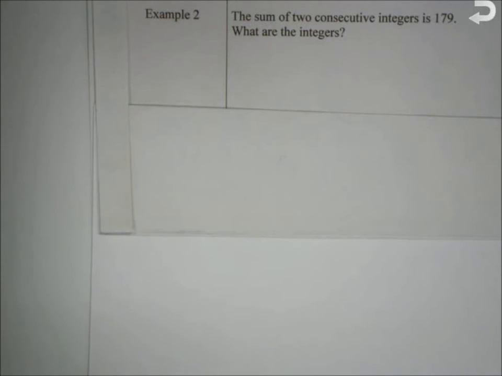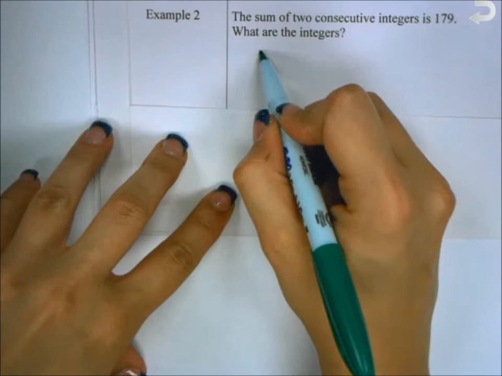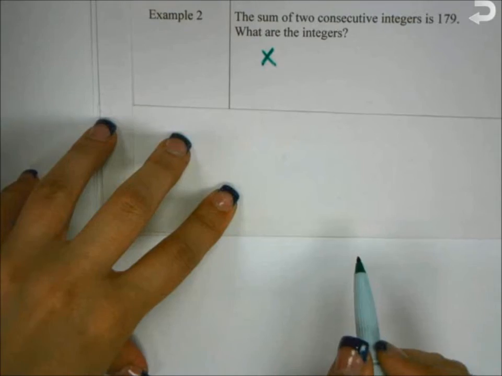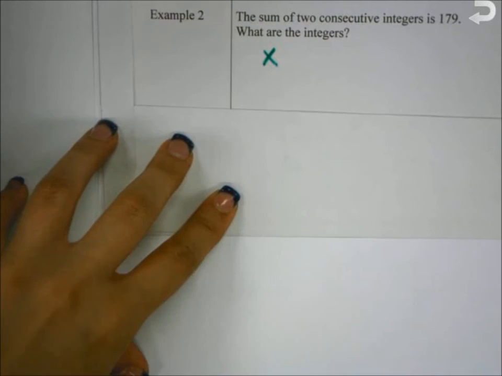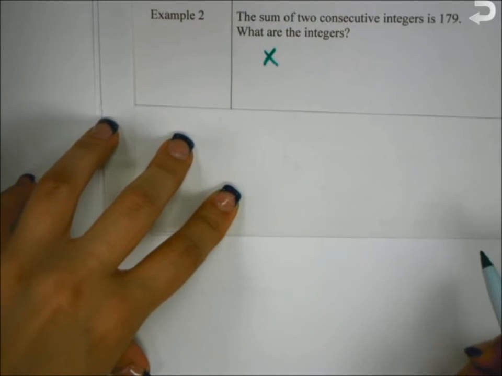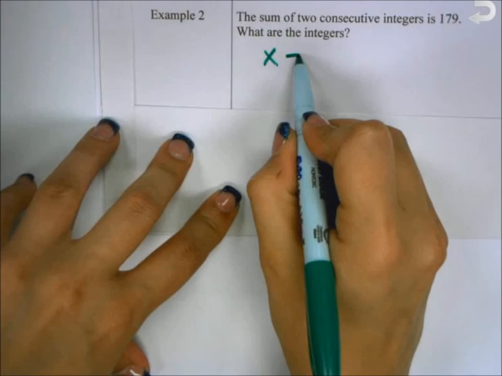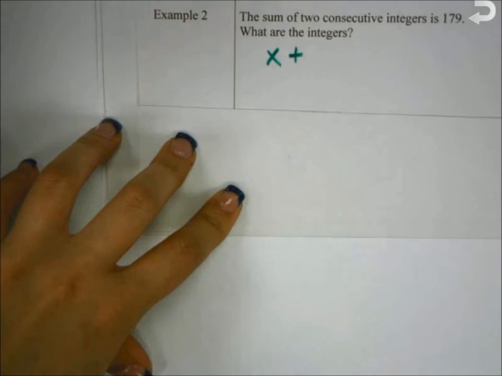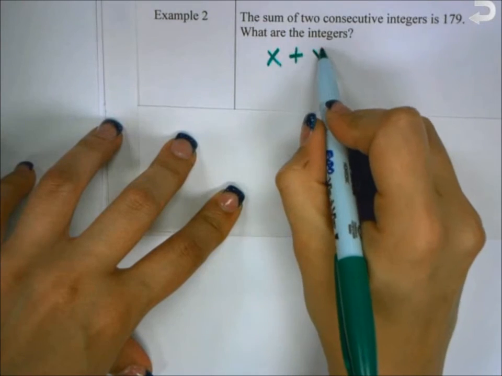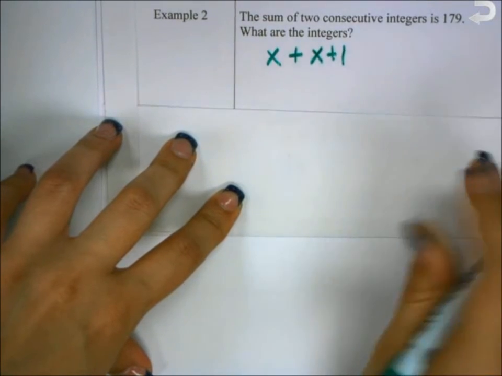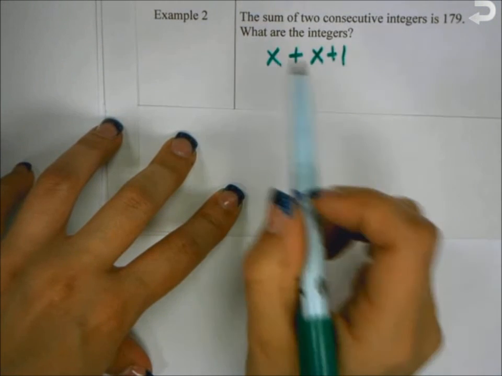So the first integer is going to be what? X. I don't know what x is, but if I find x, I can find the next one. And the next integer after x is x plus 1. Whenever I find out what x is, I can add 1 to it, and that'll give me the next integer.